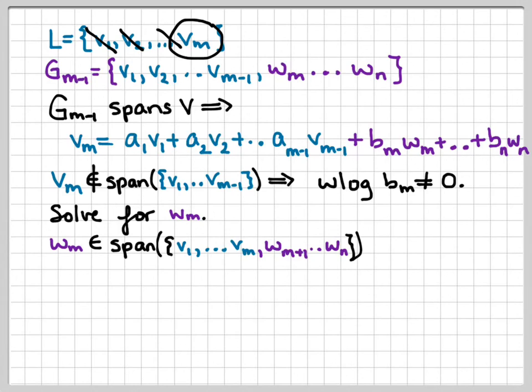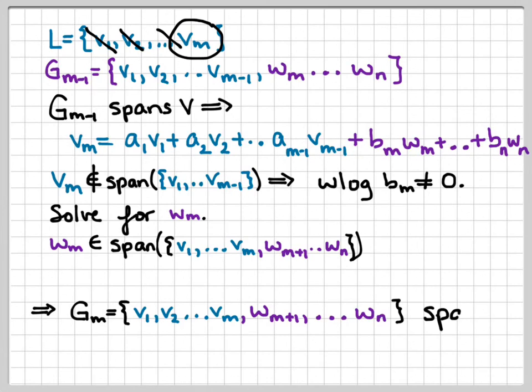And if you look at this set compared to the Gm-1, all I did was take Wm and change it to Vm. Everything else is the same, and Wm is in the span of this new set. So since Gm-1 spans, then this new set also spans the whole vector space. Okay, so I'll call this new set G sub m, and this new thing spans the whole vector space.